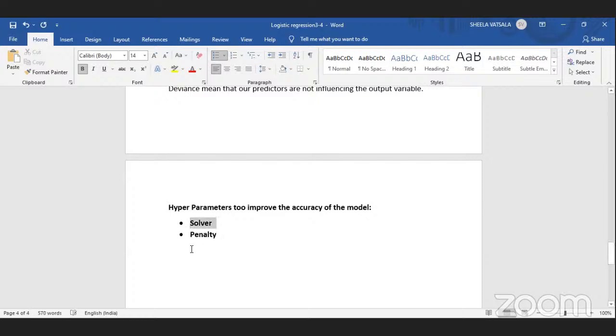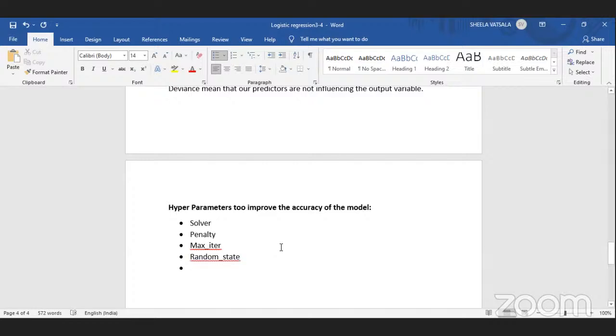Then we have C, or intercept, max iteration, and we have to mention the random state, random underscore state.